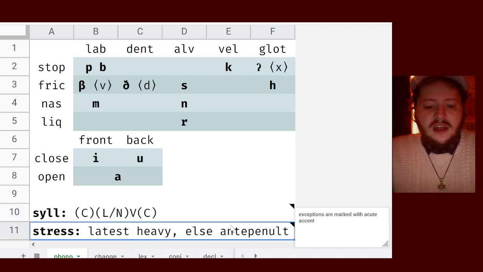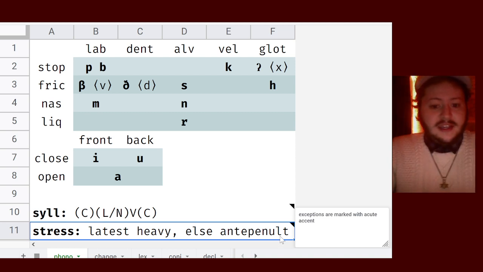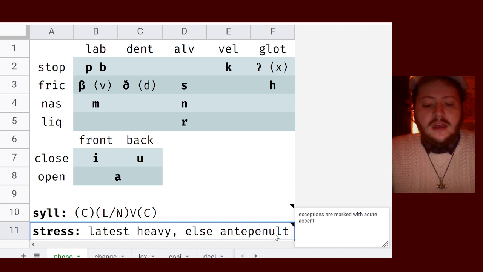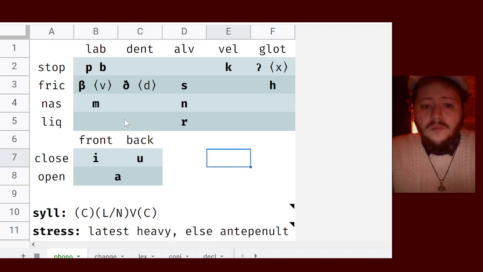If there's no heavy syllables, then it goes on the antepenult, the second to last syllable, or sorry, third to last syllable. It goes on the third to last syllable. If there's only 2 syllables, it goes on the second to last, if neither of them are heavy. If there's an exception to this, I mark it with an accent, and there are some exceptions that come up for historical reasons. So that is the sound system.